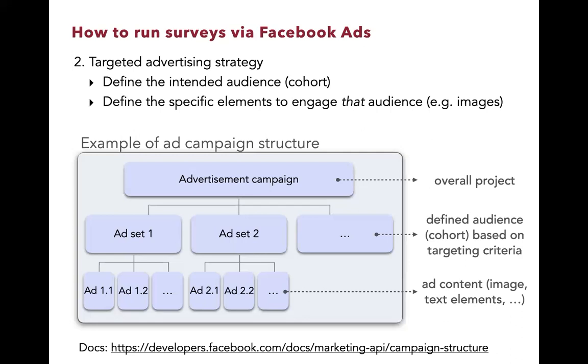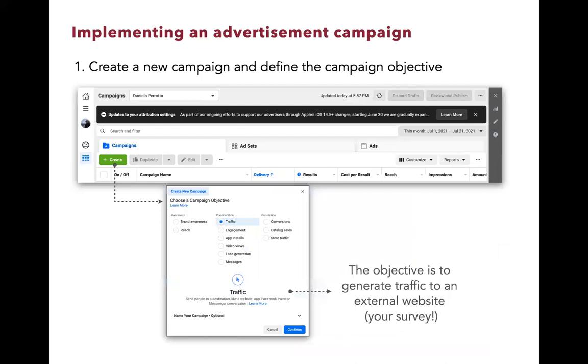So this is the general structure to keep in mind when creating a new advertising campaign via Facebook. And now we're going to see how to do it step by step, which is sometimes tricky, but also simple if you follow the documentation provided by Facebook.